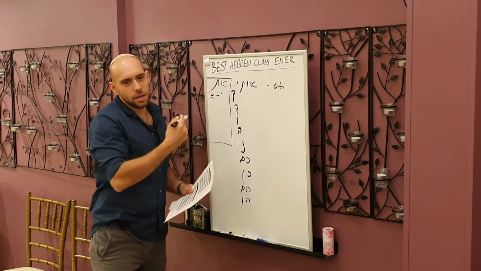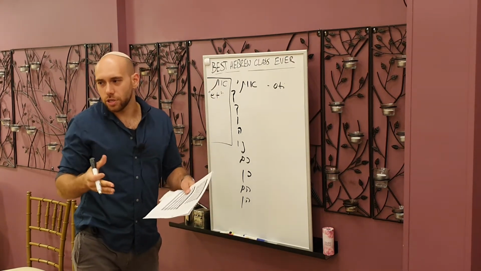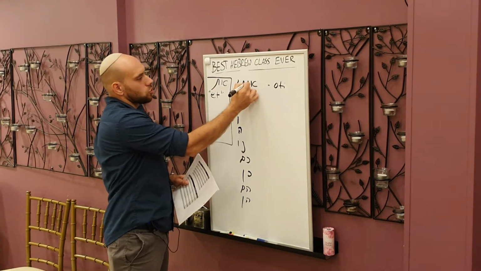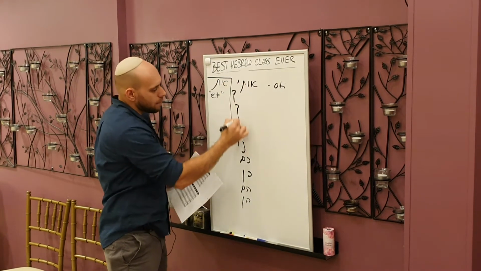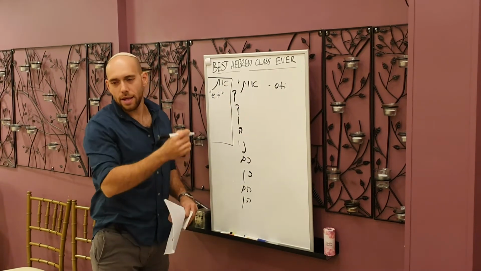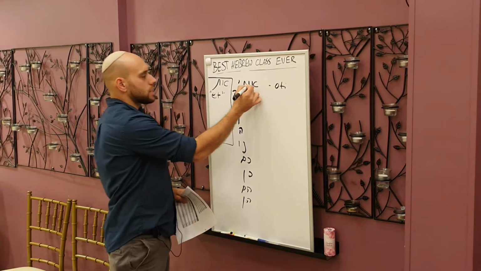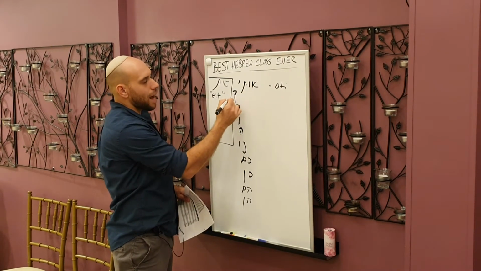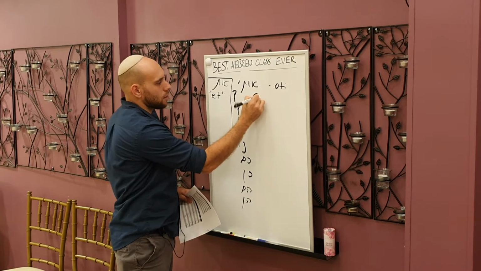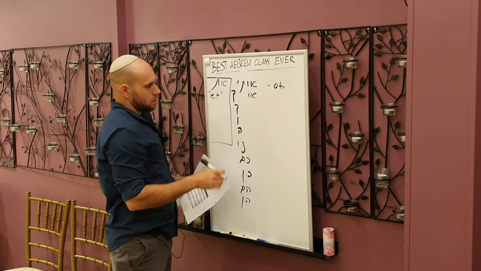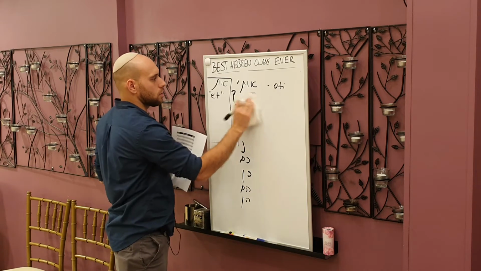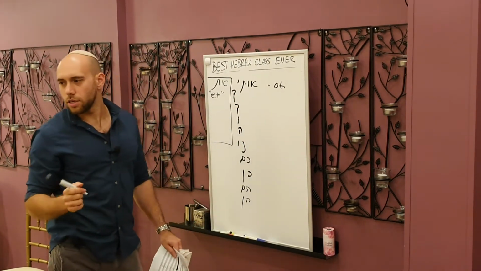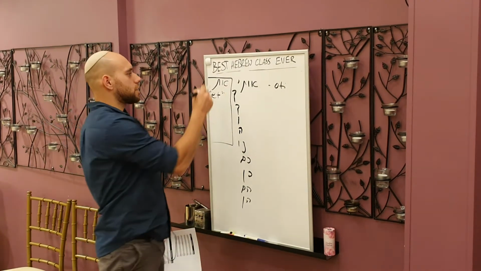It doesn't have a meaning other than direct object. You take that word, et, and it becomes ot, and then you add the same pronoun endings that we added to the lamed. So instead of li, we get oti. Instead of lecha, we get otcha. You would just say ot plus the ending, because this is already et.